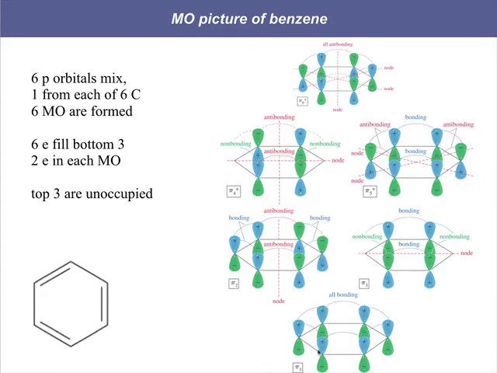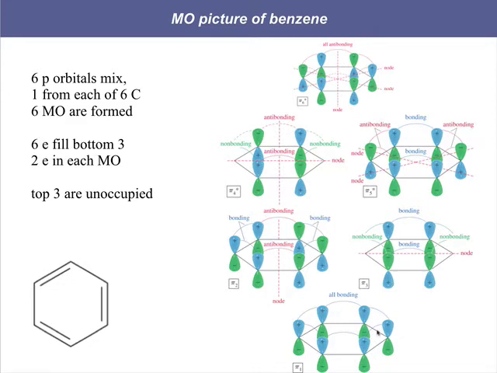That's the lowest energy arrangement. There are 0 nodes in this picture, where we have all the positive lobes oriented above the ring, for example, and all the negative lobes oriented below the ring, for example. That would be the one and only way that you can have all bonding interaction.